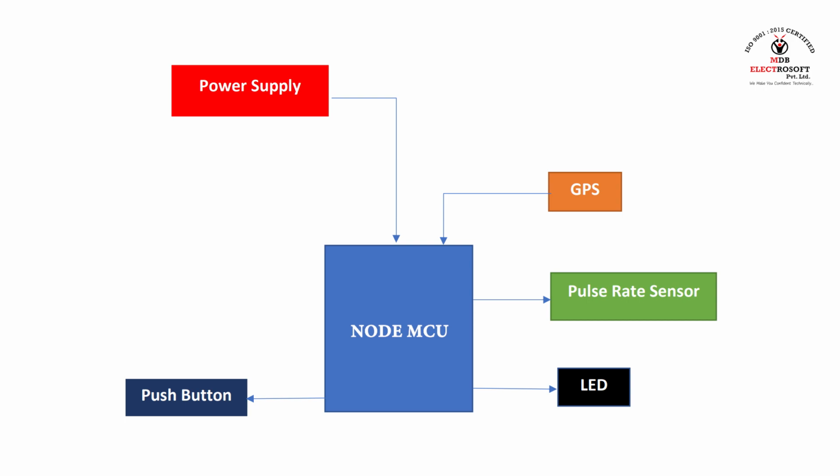The GPS module will give the longitude and latitude location of the device live, and it will transfer this location through serial to the NodeMCU. Then we have a button. Whenever the subject or person feels unsafe or unwell, they can just push the button.